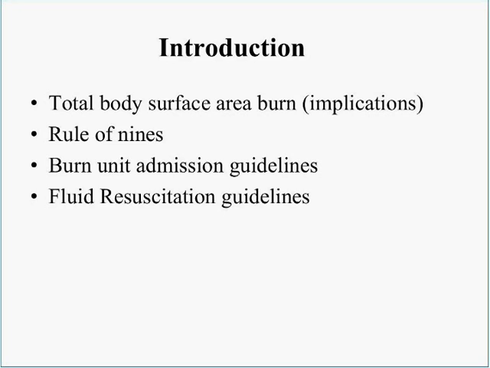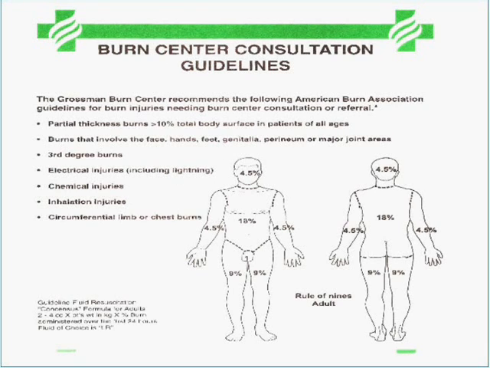So let's go a little bit into the area of burn and talk about what are the guidelines for a burn center referral. And as you can see there, hopefully it is clear in your computers, what I was referring to as the rule of nines. Each upper extremity is considered 9%. As you can see there, it's 4.5% for the arm, but that is for the front and back, 4.5, so it will be equivalent to 9.